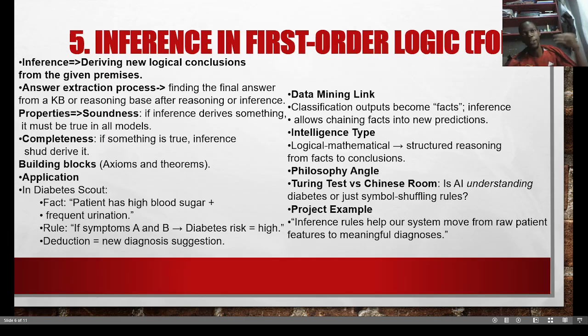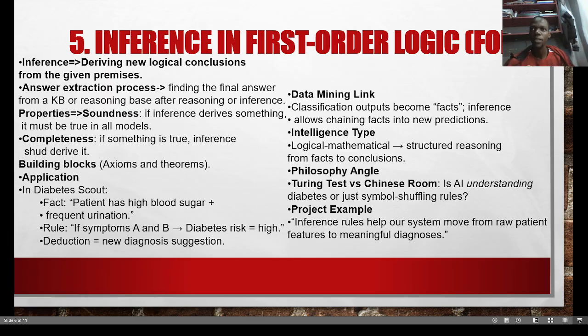Then what we call theorems, those are statements that can be proved. They are functions, or I can say equations, whatever I call them, but they can be proved using the axioms. For example, the probability of A union B, as you know that rule, equals the probability of A plus the probability of B minus the probability of A intersection B. That is the theorem, so it needs to be proved using the axioms.